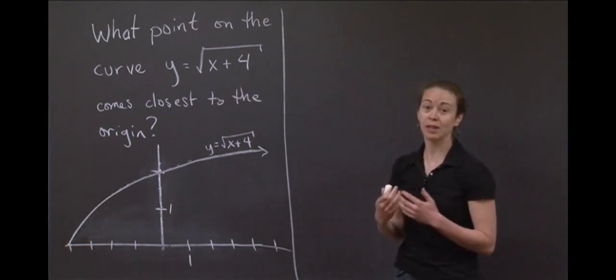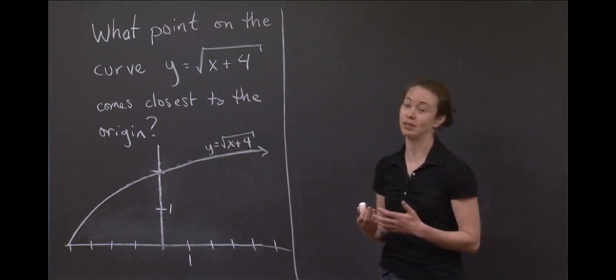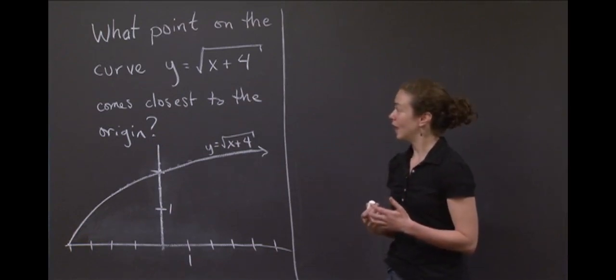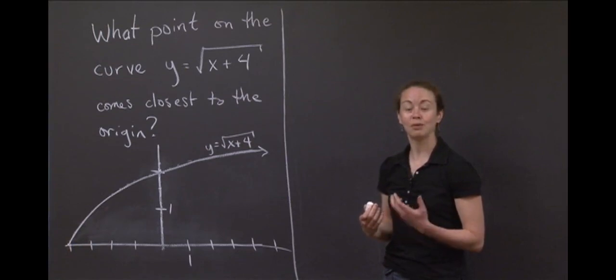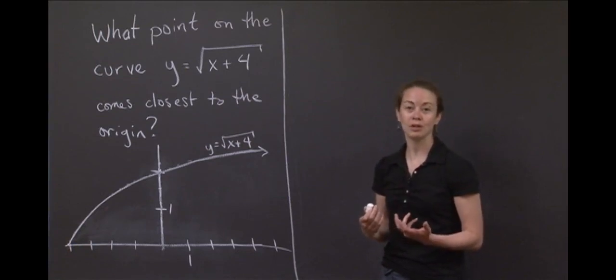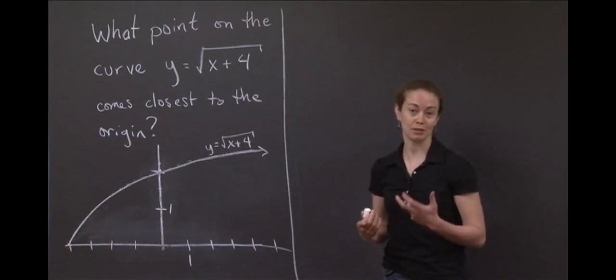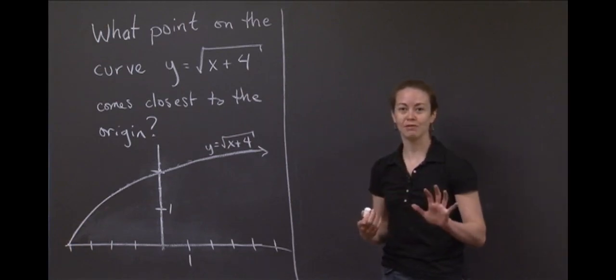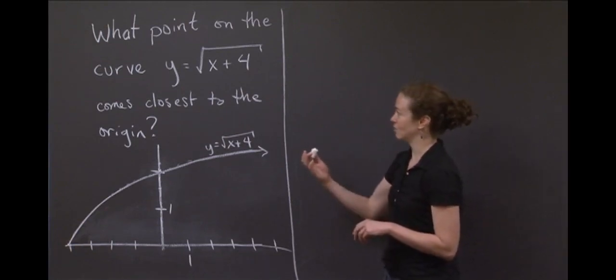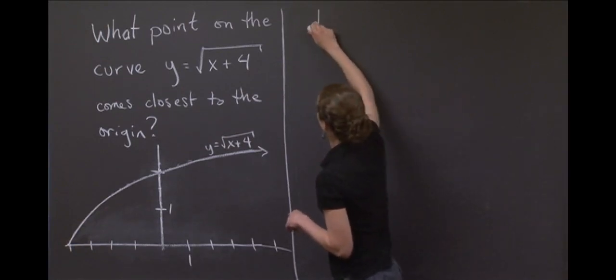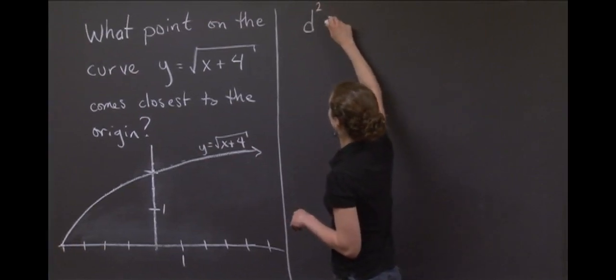To optimize, we need to know how to measure distance in two-dimensional space. One point I want to make is that if you want to optimize distance, you might as well optimize the square of distance because it's much easier. Let me justify that briefly, and then we'll go on. So I want to optimize the distance squared to the origin.